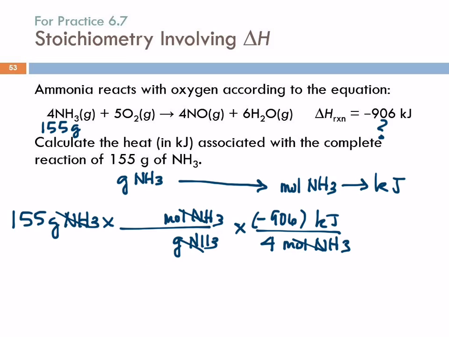And then we need this molar mass here. Nitrogen plus 3 times the mass of hydrogen. 17.034.